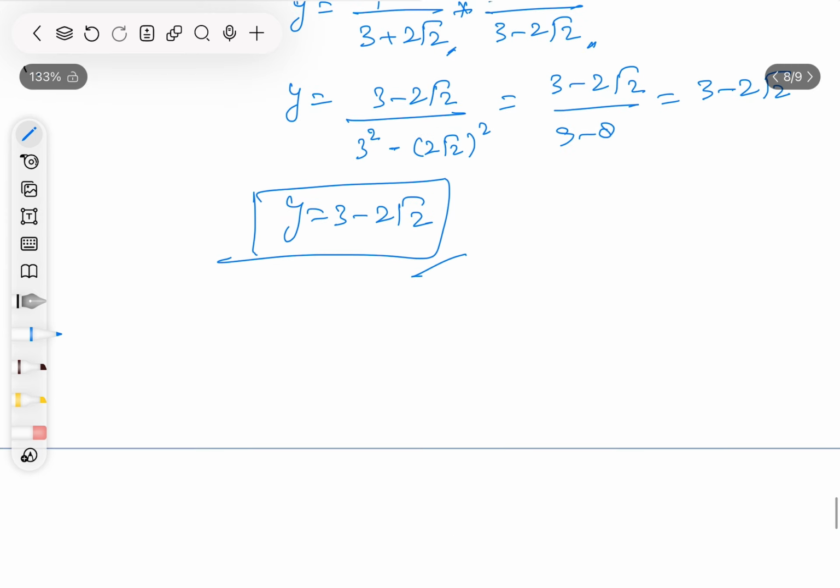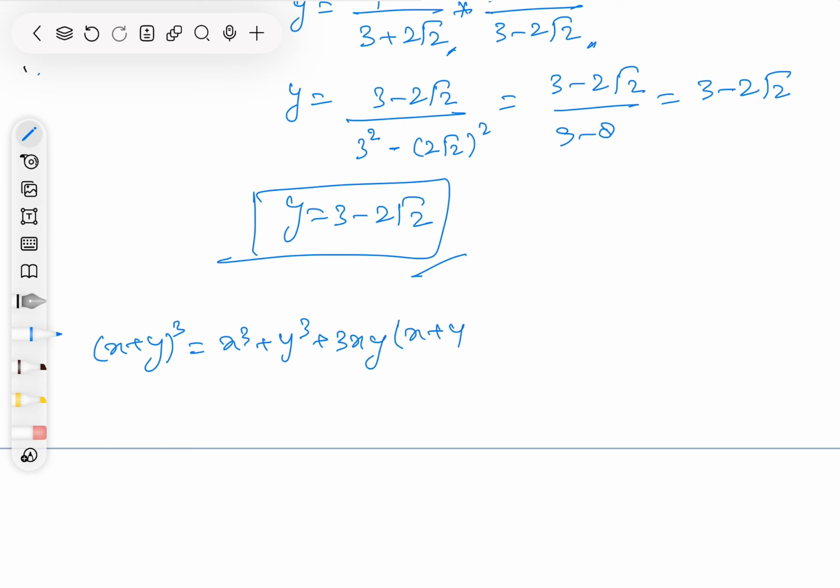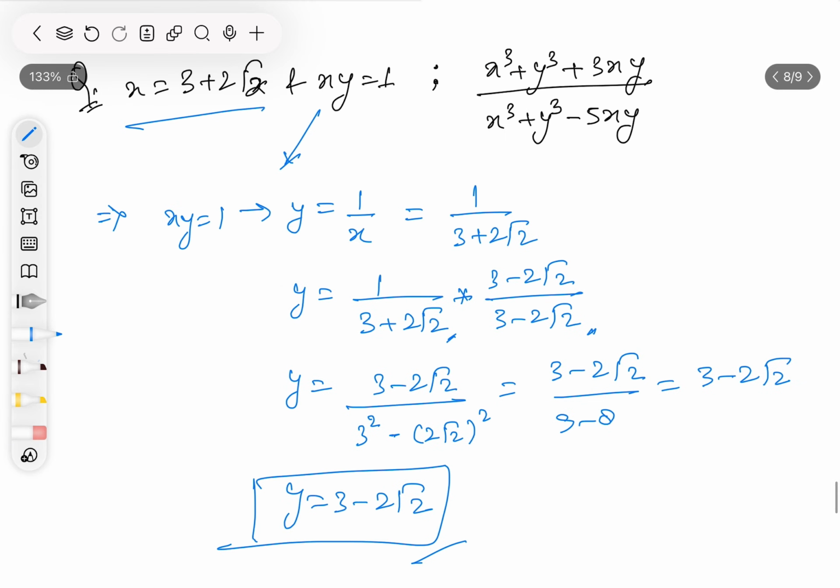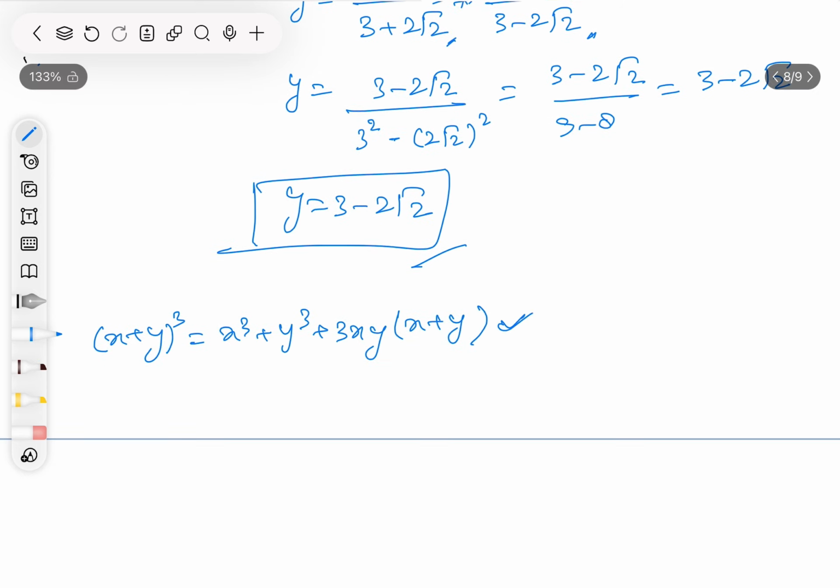Now let's see x plus y whole cube, which is x cube plus y cube plus 3xy multiplied by x plus y. In the numerator, this is what we need.